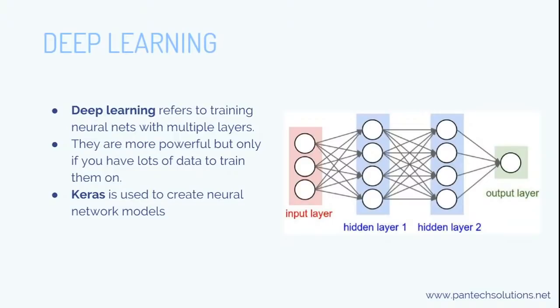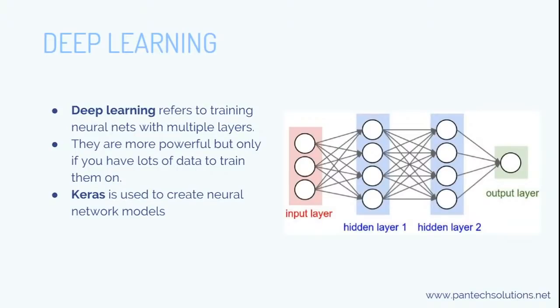More hidden layers will be available if we enter into the deep neural network. So in the deep neural network itself we have different types, like simple neural network and artificial neural network. Otherwise, on the other hand, we have an input layer, hidden layers 1, 2, 3, any number of hidden layers, and then the output layer. They are more powerful, but only if you have a lot of data to train them.